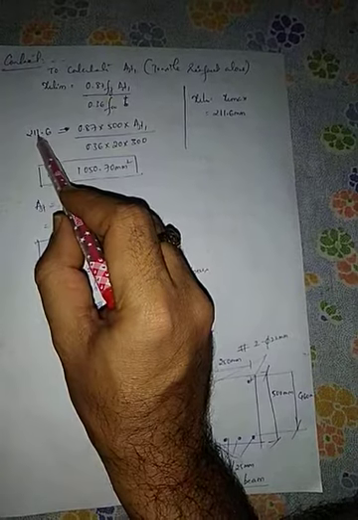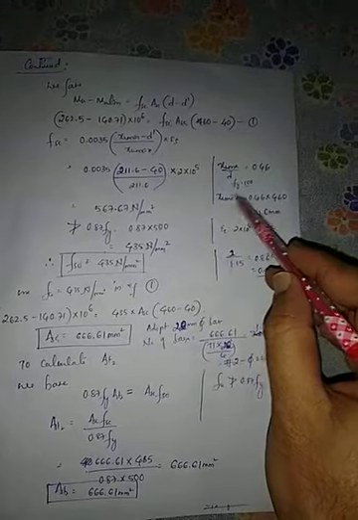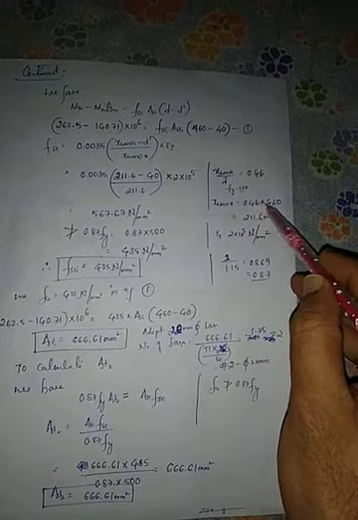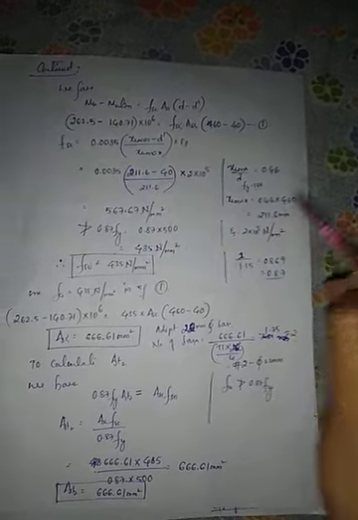XU limit is calculated in the previous step itself. You can observe here XU maximum or XU limit is equal to 0.46 times of D, that is 460. It comes around 211.6 mm.